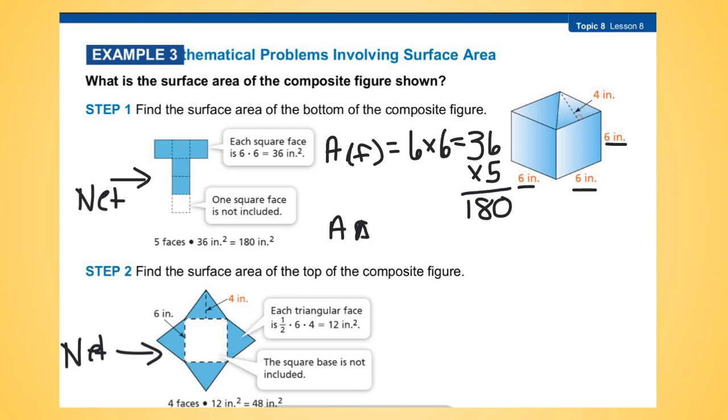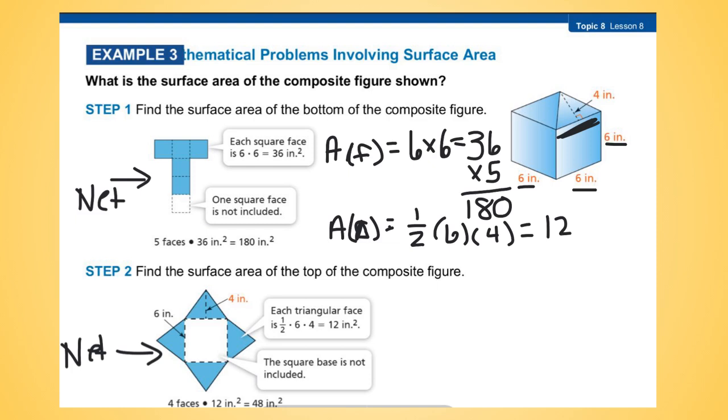Let me do a triangle. All right. So a triangle is half of the base, 6, times the height, 4, and that's going to give me 12. Now let's think about how many of those we have.